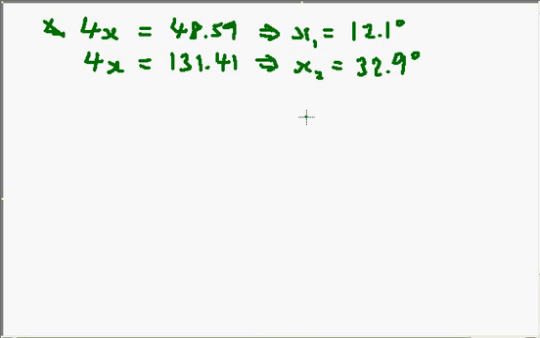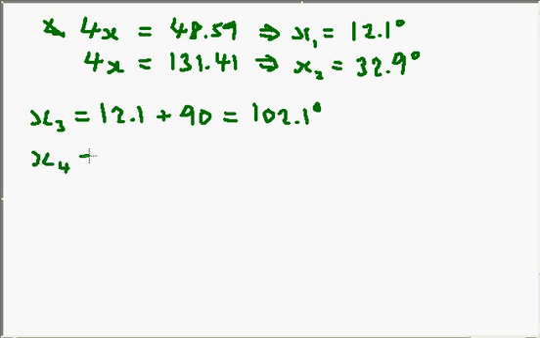So instead, x3, my third solution, I can look at 12.1 plus 90, which is 102.1. I can then look at 32.9 plus 90, and that's 122.9.